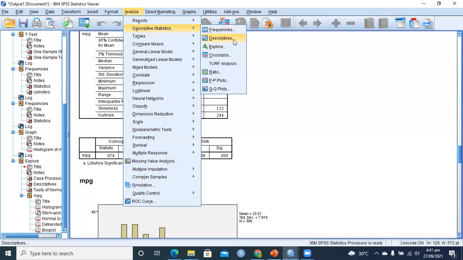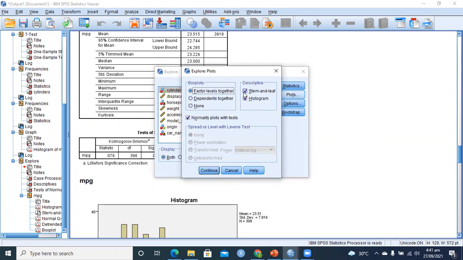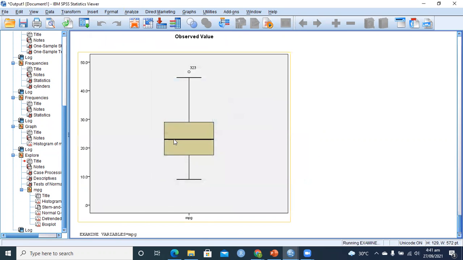Here I can choose to see the histogram, and also Normality plots with tests. This is where you check whether your data follows a normal distribution with the help of two tests.